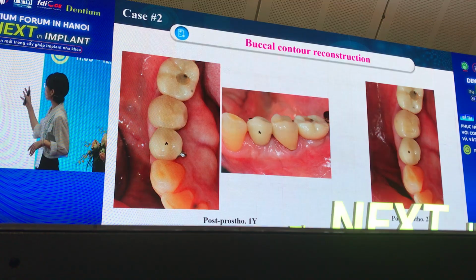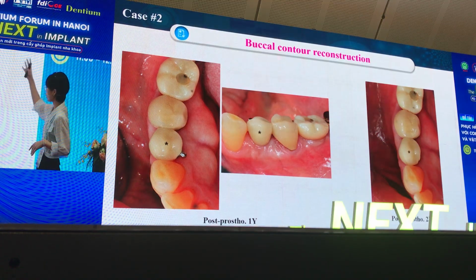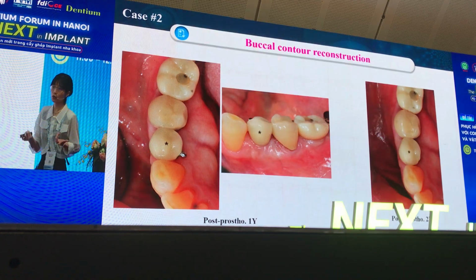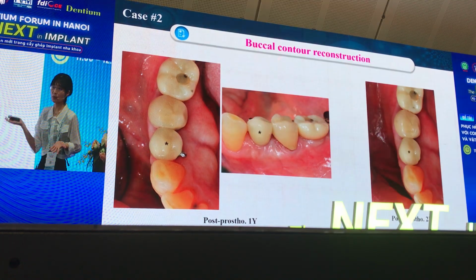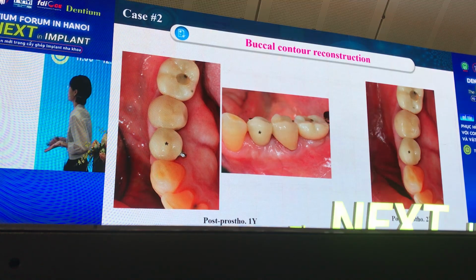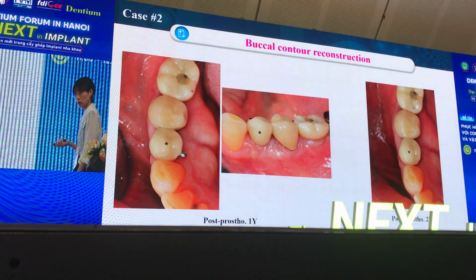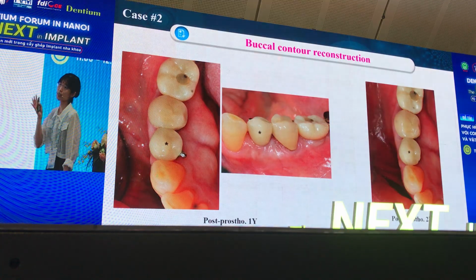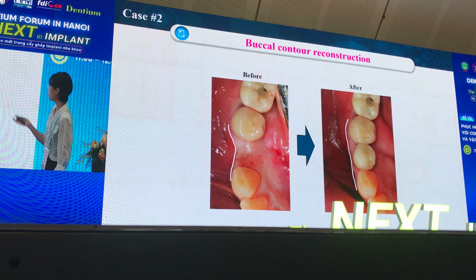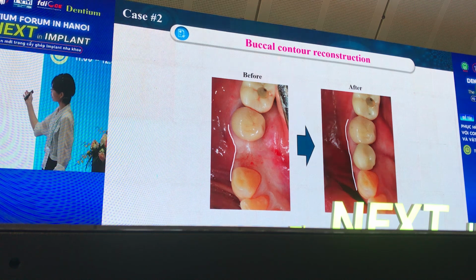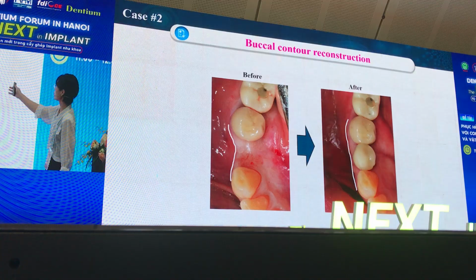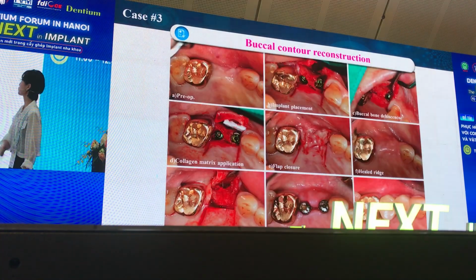The convex buccal contour is well maintained. So it is very useful to use Collagen Graft 2 when the buccal defect is not a severe condition. We can see the before and after, the concave buccal contour and the convex reconstruction after.